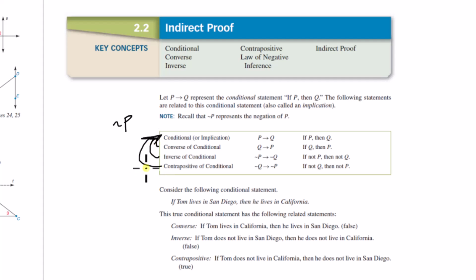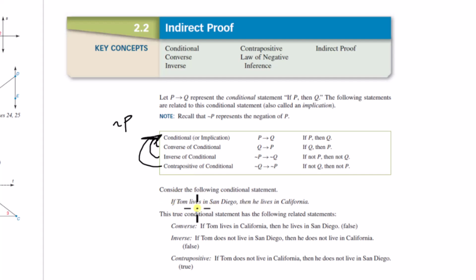If you have a converse, you flip to Q, then P. If you have an inverse, you don't flip P and Q, you just say if not P, then not Q. If you have a contrapositive, you're flipping P and Q and doing the inverse: if not Q, then not P. You can also look at it like the contrapositive is the inverse of the converse, and the inverse is the converse of the contrapositive. But this is just notation.